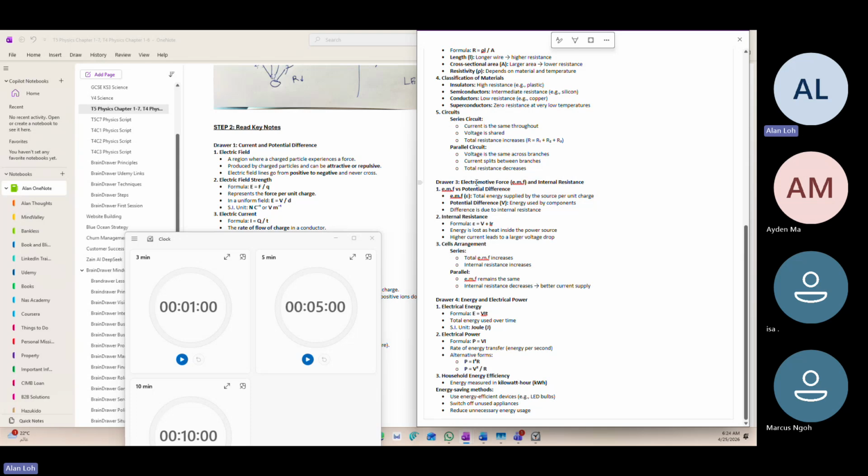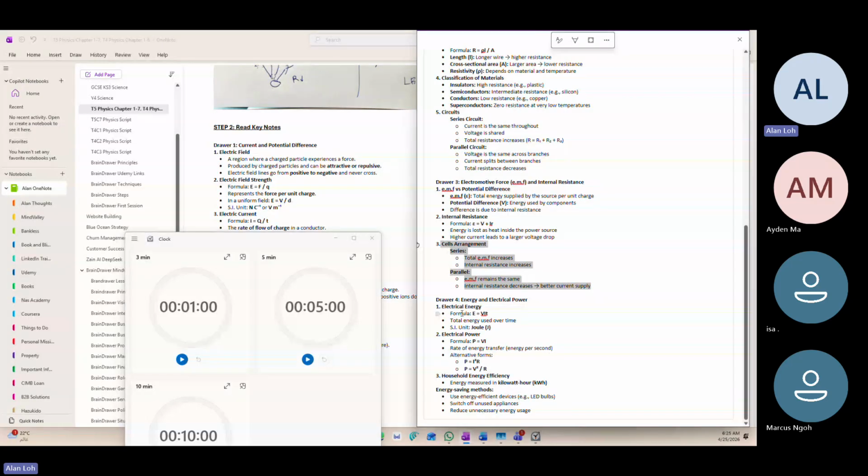The name of the drawer is telling you that you have to learn EMF and also internal resistance. And no doubt there is information related to EMF, the definitions, and explaining what this is, plus the internal resistance. Then you have the cell arrangement, something related to what you have learned just now, the types of circuits, series and parallel.